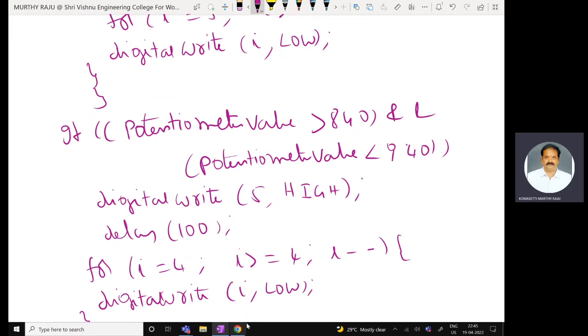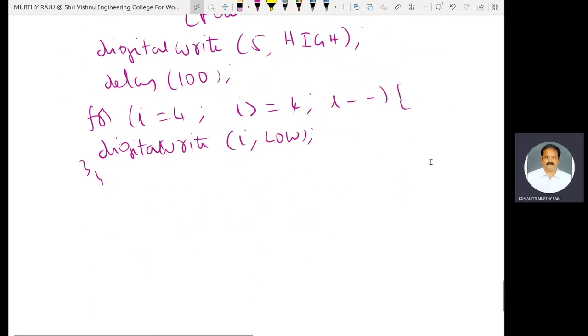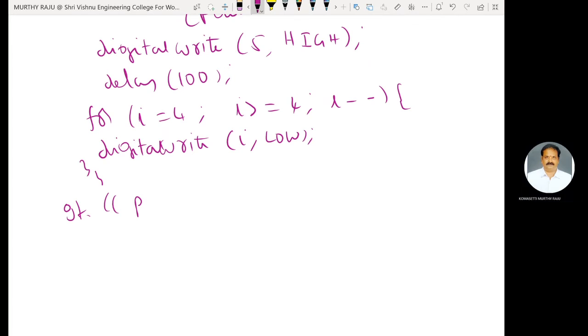The last one is the remaining one. The remaining means 940 to 1023. The 0 to 1023 values are divided into 10 intervals, and the step-by-step intervals are allocated. This is the last one.